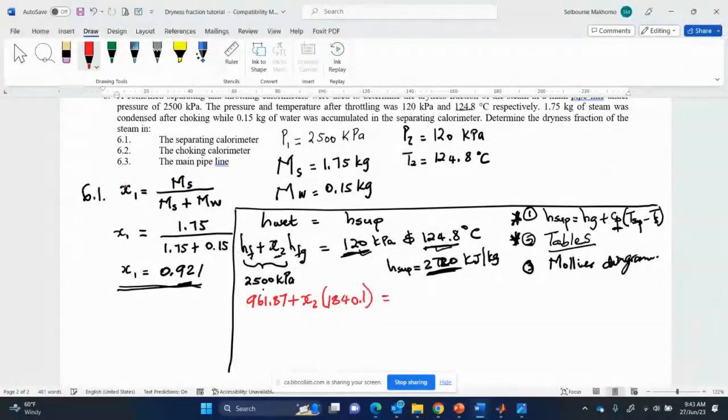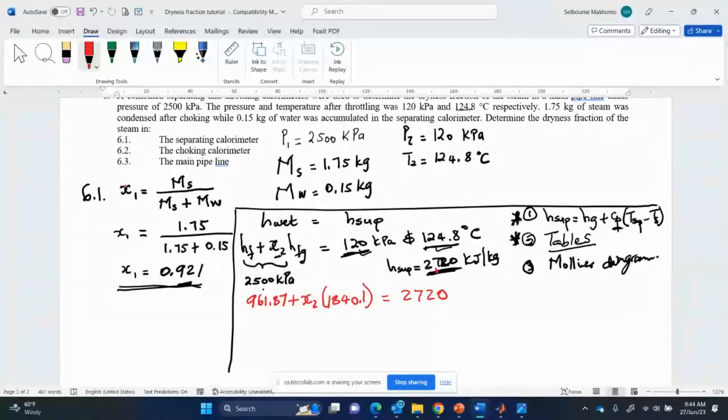That is equal to h-sub-g, 2720. So it's 2720 minus 961.87, which is 1758, divided by 1840.1. The answer there is 0.955.